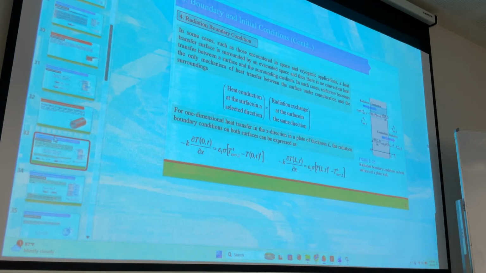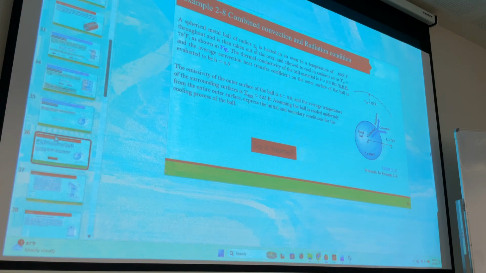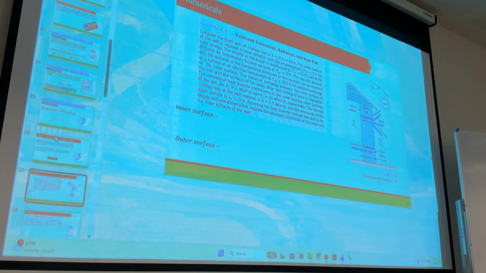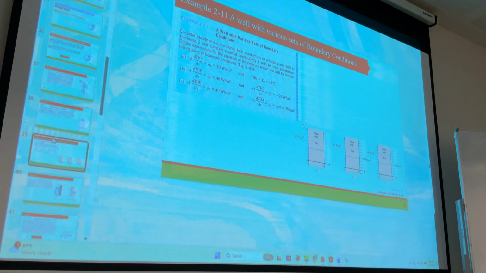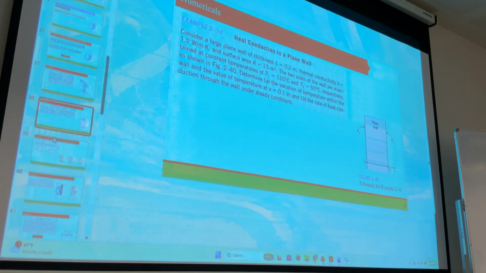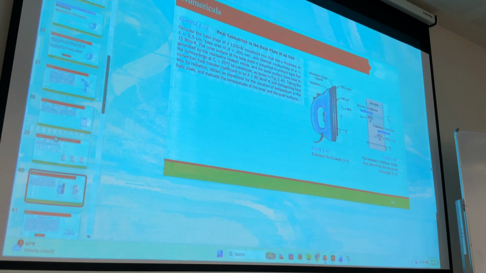We saw these numericals, interface, generalized. This we solved, this we solved, this I asked you to solve. This is very similar to this one, to 11. And then I solved this numerical and there was a calculation mistake, so I'm going to solve it again.